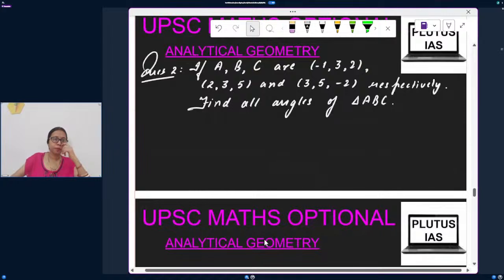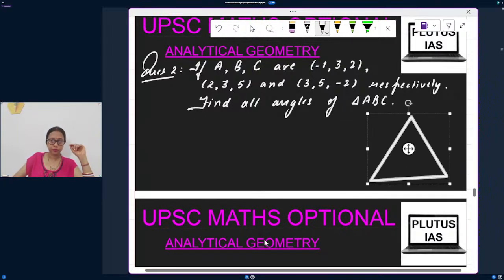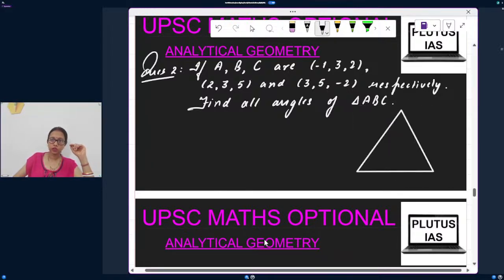So what have they given? The coordinates of A, B, C. A is given to be minus 1, 3, 2. B is given to be 2, 3, 5. And C is given to be 3, 5, and minus 2. These are the 3 points given.